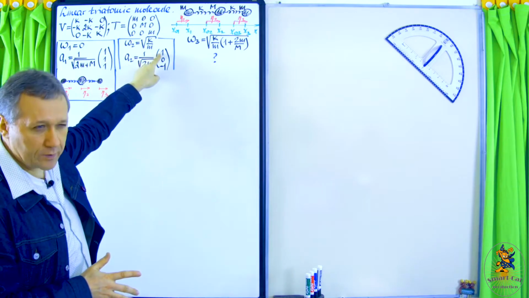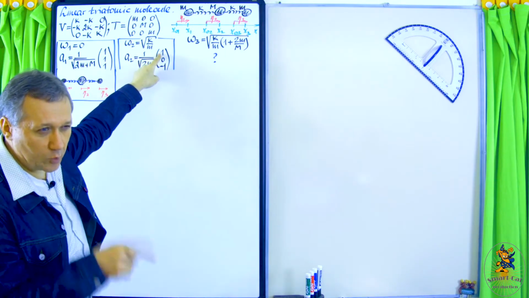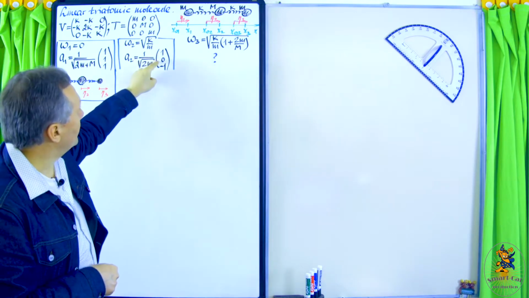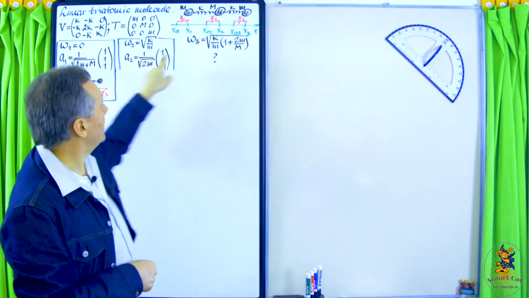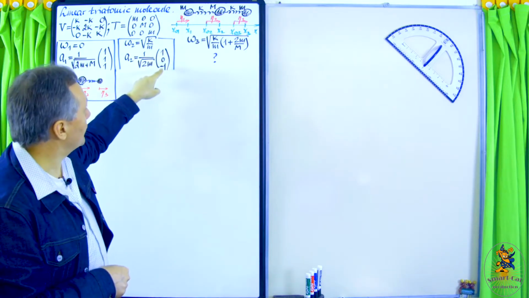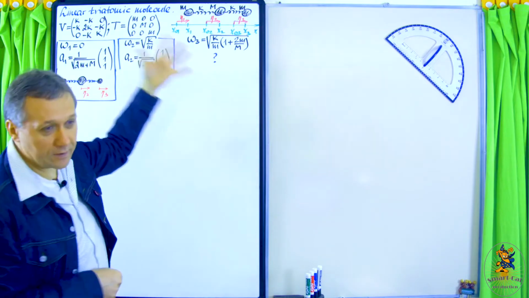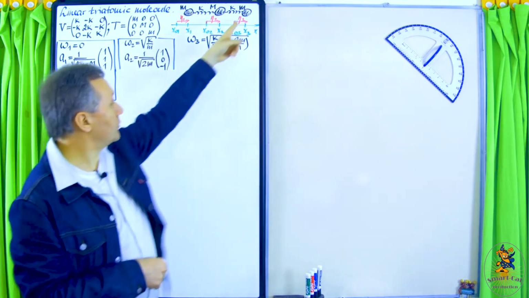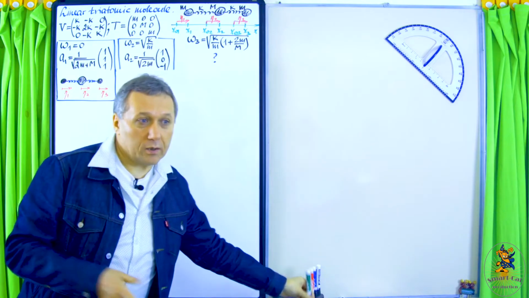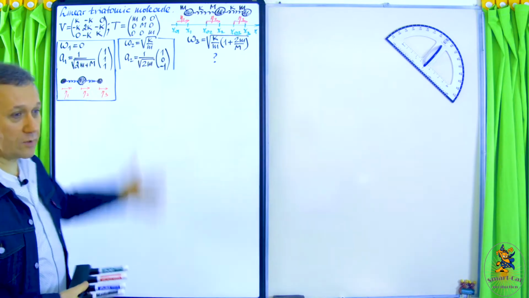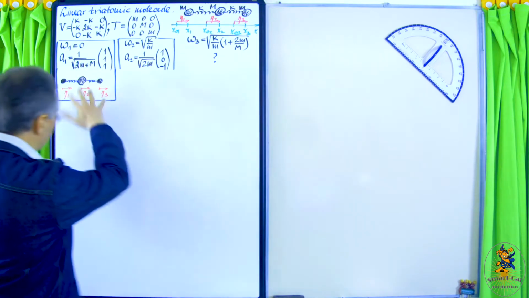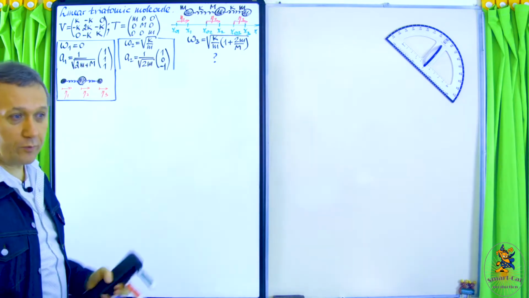The amplitude of the first particle in the second normal mode, the amplitude of the second particle, and the amplitude of the third particle in the second normal mode, right?